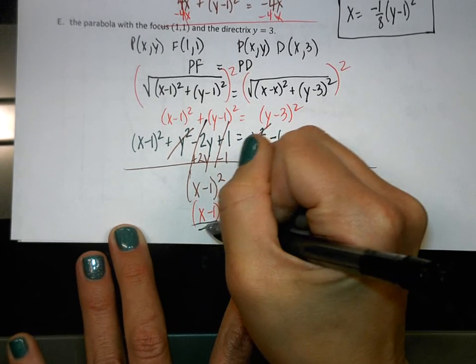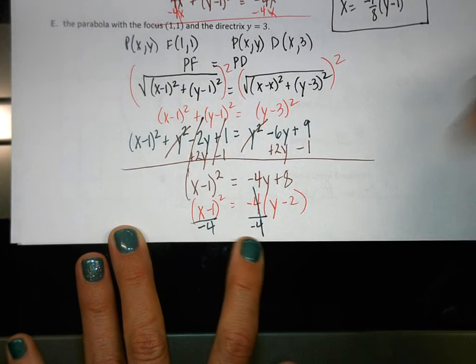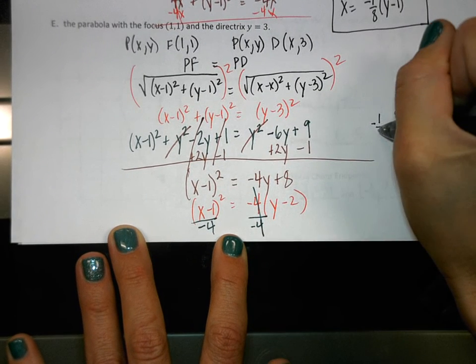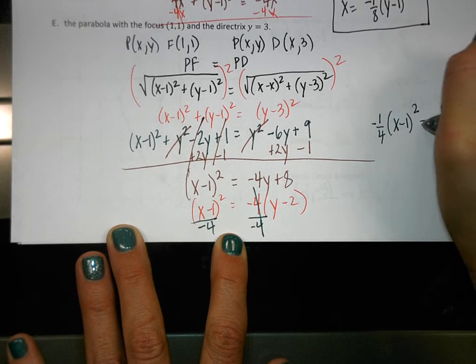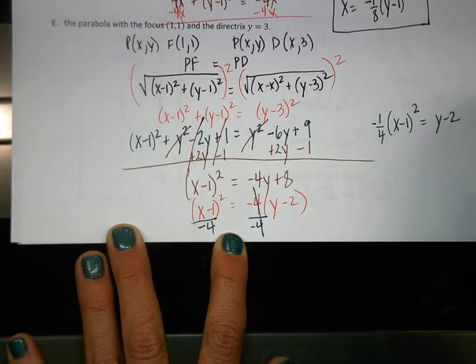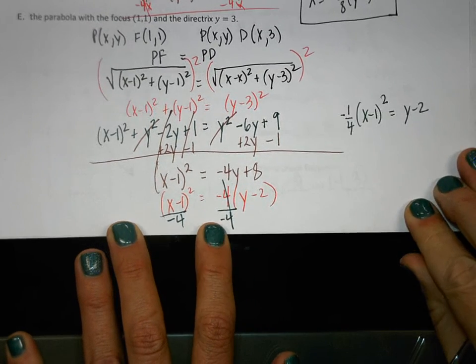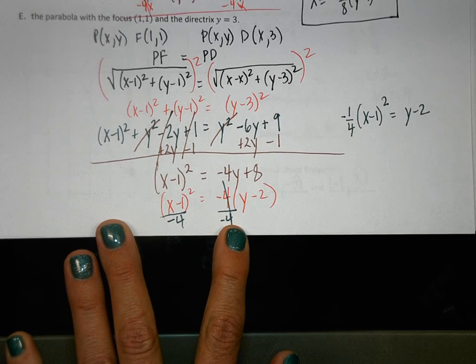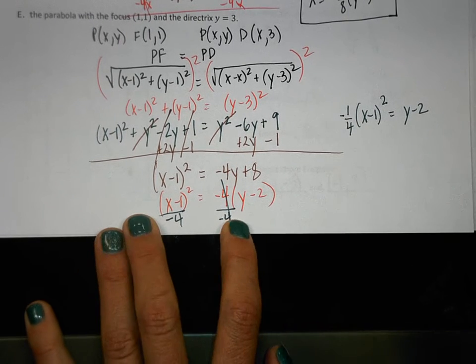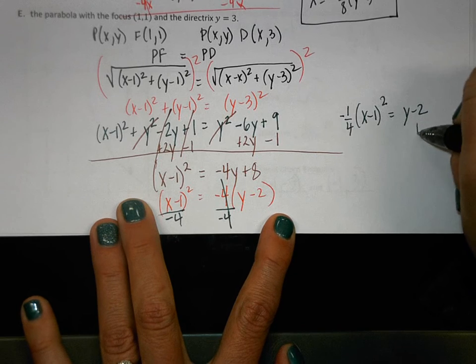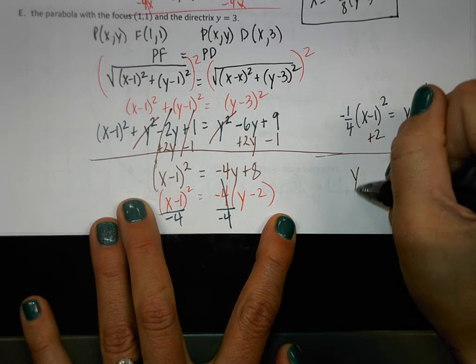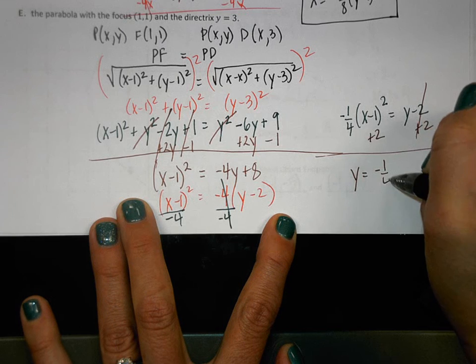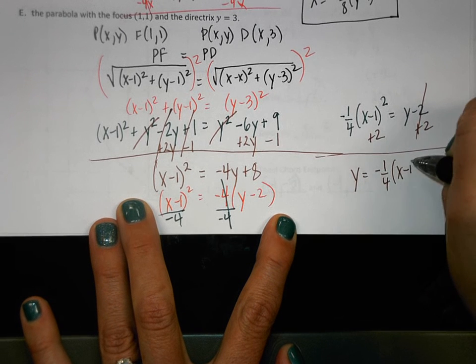And so that cancels out, and I'd write this as negative 1/4 (x - 1) squared equals y minus 2. And then the last step would just be to add 2. And we have it in the correct form. So it'll be y equals negative 1/4 (x - 1) squared plus 2.